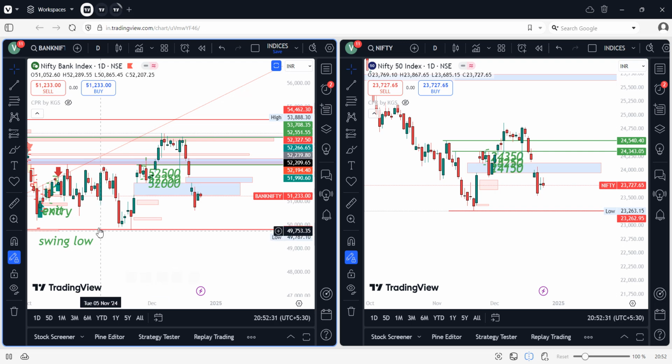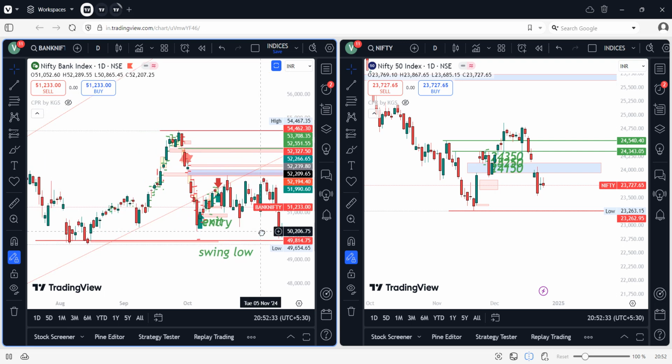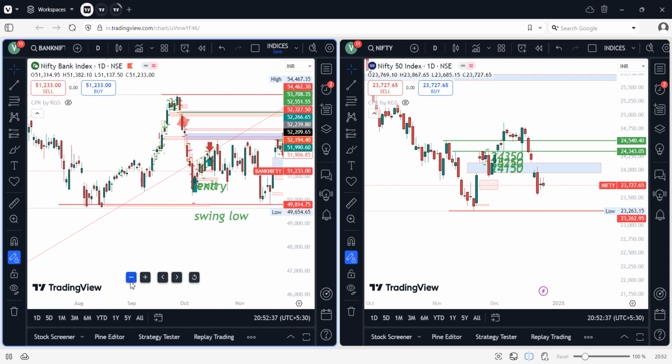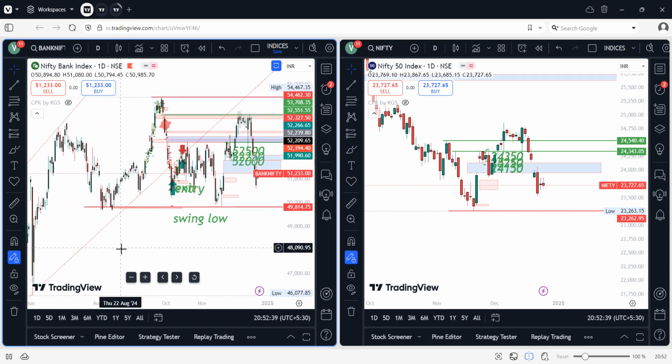What is the importance of marking these levels? Let me show you the importance here. As I am telling you, this is the swing low, right? You can see from here there is a strong uptrend.